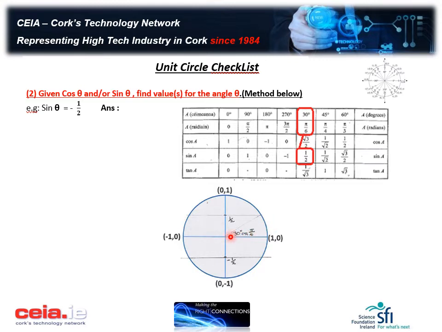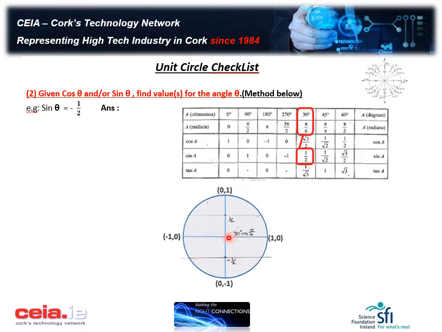But we weren't asked for the angles where sine of theta is equal to plus a half. We were asked for where it is minus a half. So again, we go back to our understanding of the unit circle. There's plus a half, there's minus a half, right? So from our knowledge of the unit circle and using this table to the best extent possible, we can imagine that minus a half also hits the unit circle at two different points, there and there.